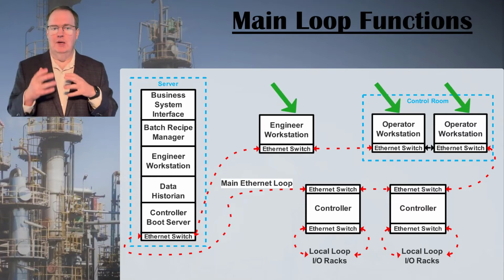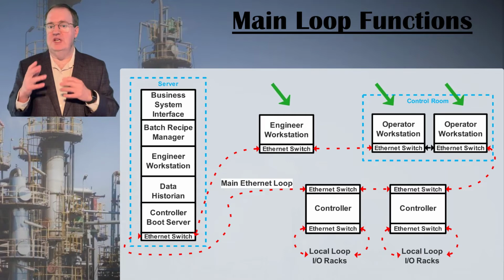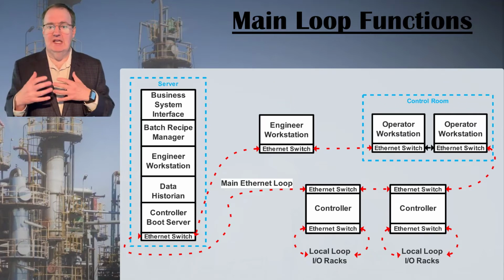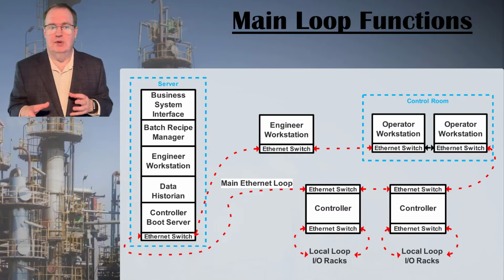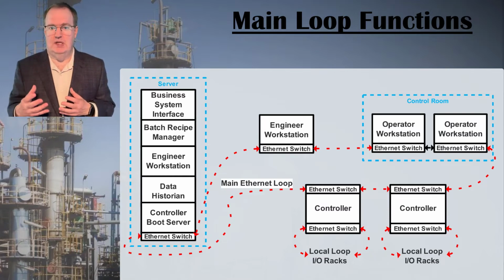Data is sent to operator and engineering workstations, which are generally just desktop PCs running workstation software that generates the graphical user interface. Whereas data and logic on the controllers and I/O need to update several times a second to process safety interlocks or stop charges accurately, data on the main loop need only update at human speeds.